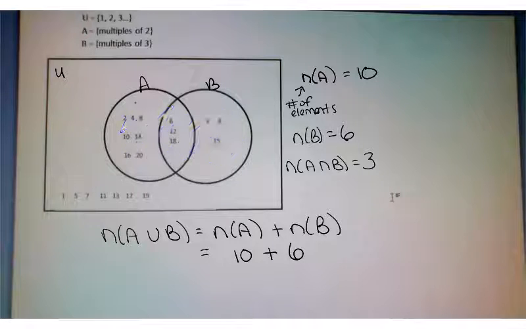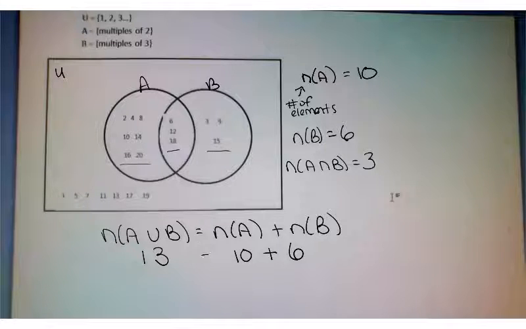If we go and count up the elements in here, we see that we have 7 here in A, we have 3 here, and 3 here. So that's a total of 13. The left side, 13, does not equal 16 on the right-hand side.